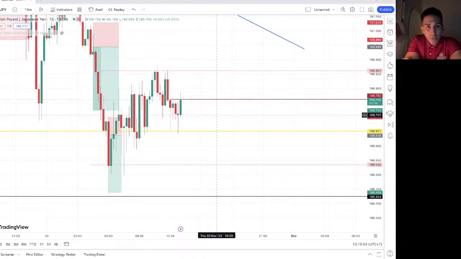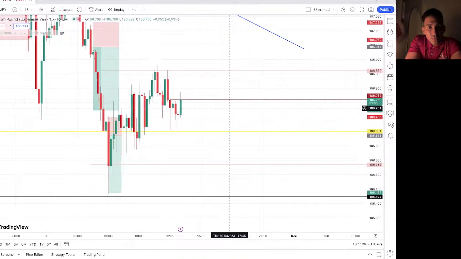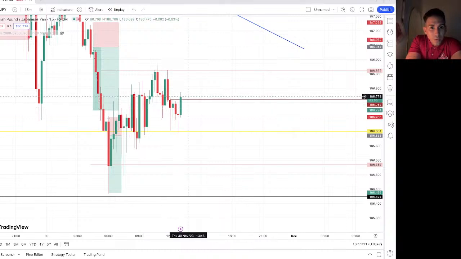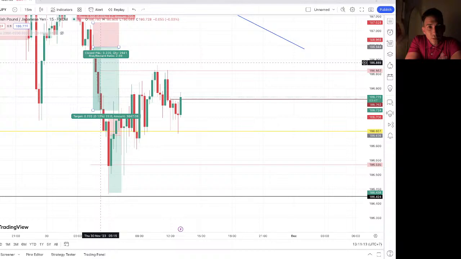So I don't know what happened here. In my broker, it already changed. Yeah, we're still bullish. We managed to go through, and then we make another support.